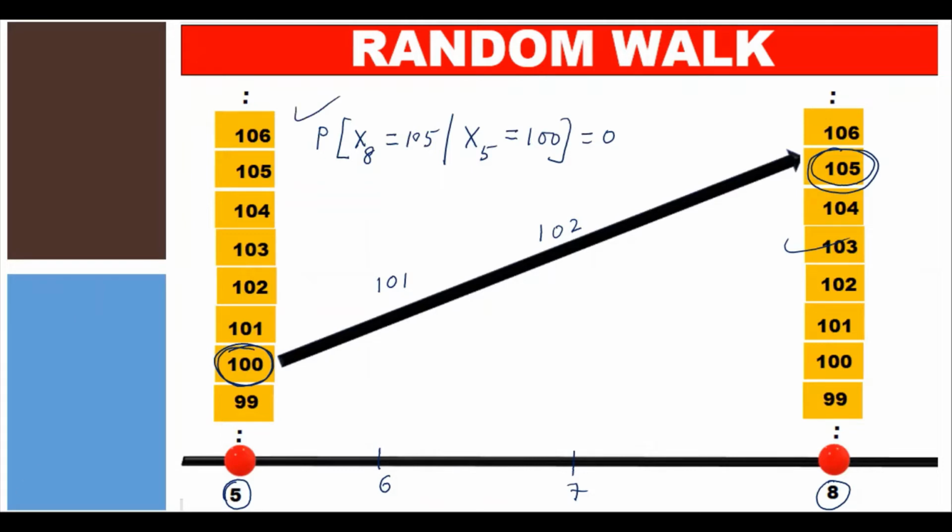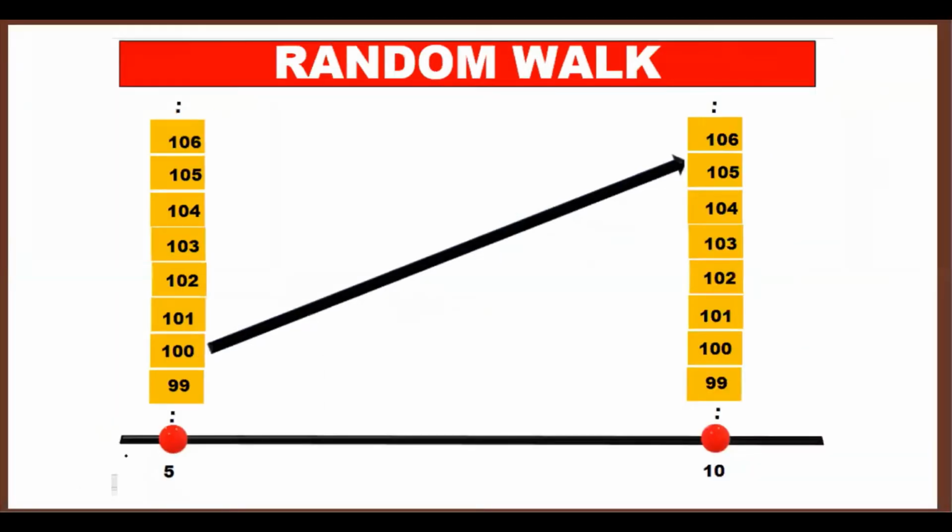We'll explore all those options. Come to this, 5 to 10, 5 moves, and I want to reach from 100 to 105. It is possible if every time there is an increment. So by chance, if I win all the games, I'll go to 101, then 102, then 103, then 104, then 105.